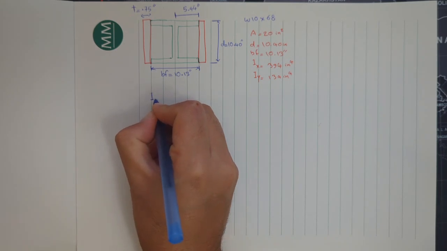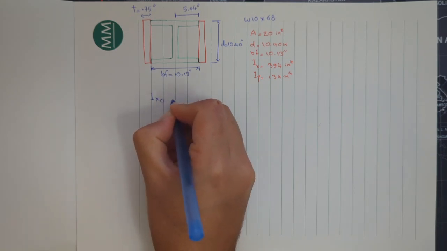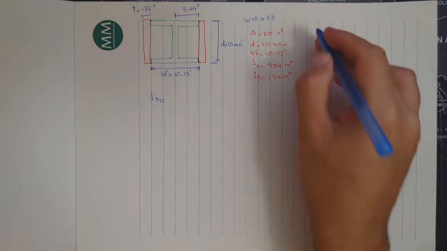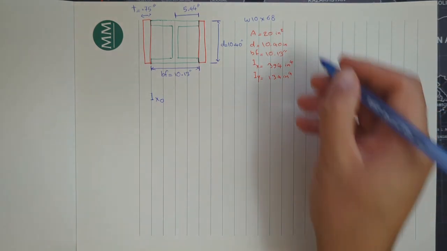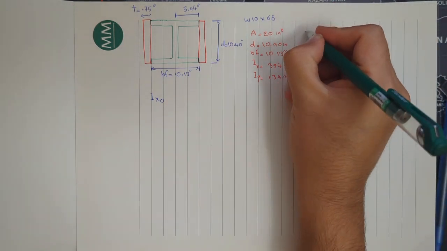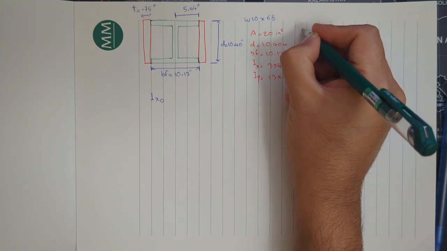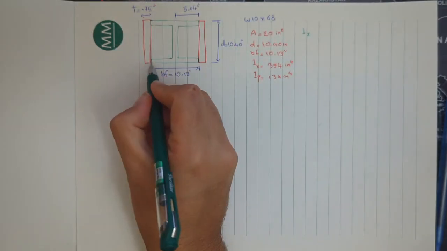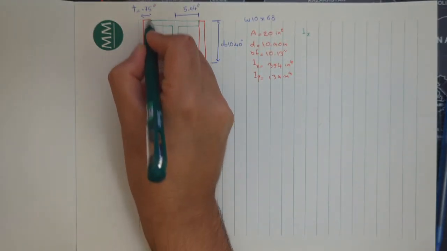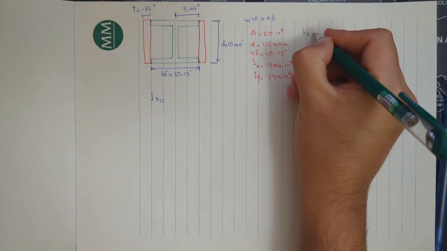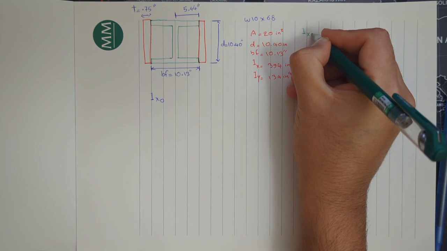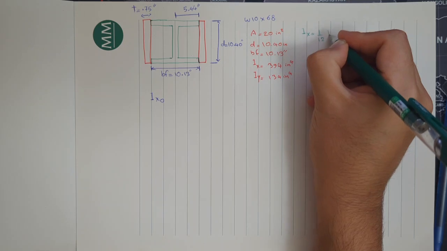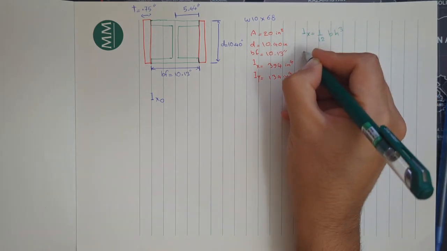Let me write down the Ix and Iy calculation here, so I know what calculations to use. If I want to calculate Ix of this rectangle, Ix of a rectangle is 1/12 of BH cubed.